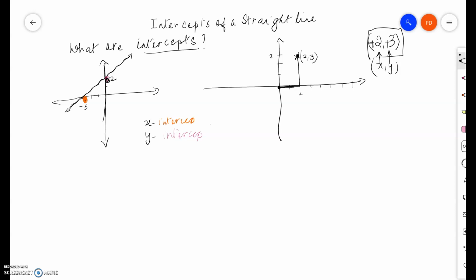The x coordinate tells us the movement in the horizontal direction and the direction of the movement as well, whether it's to the right or left. And the y coordinate tells us how far we need to move in the vertical direction.